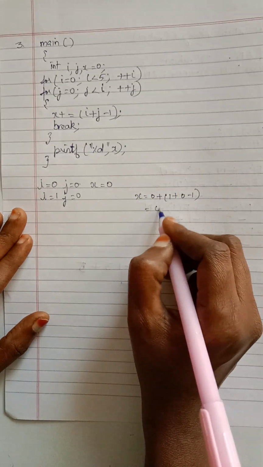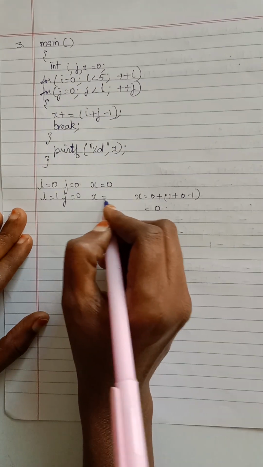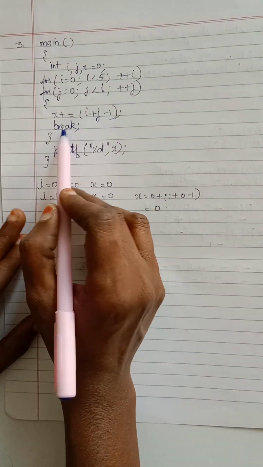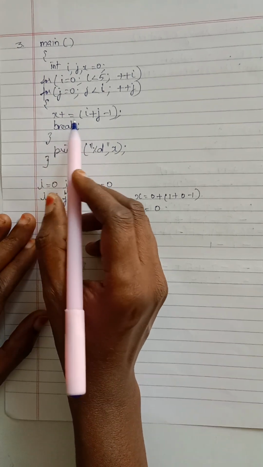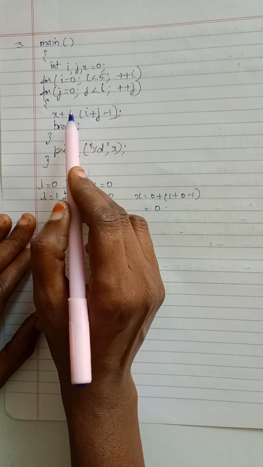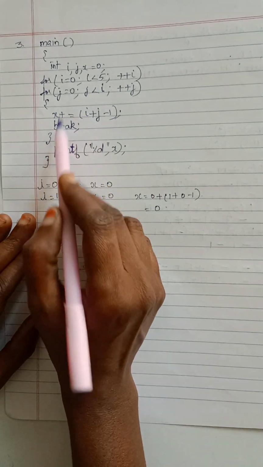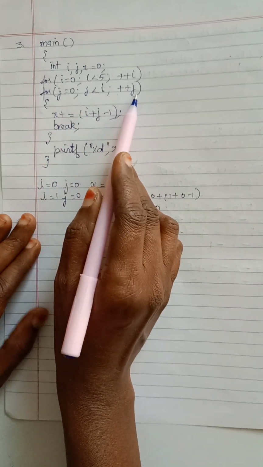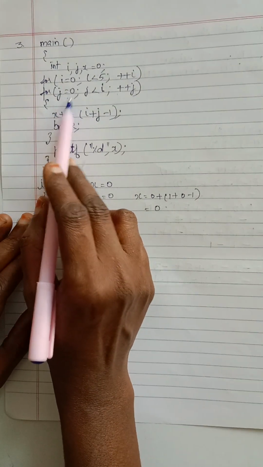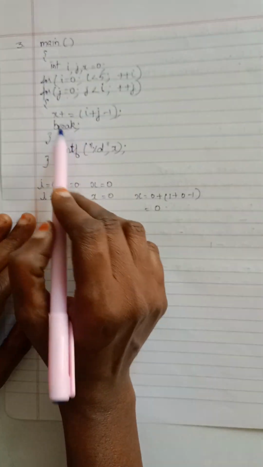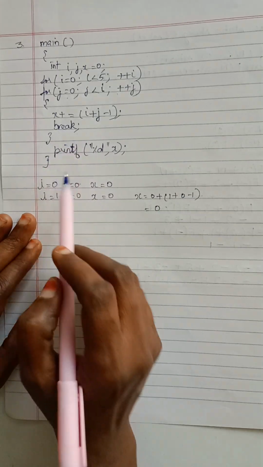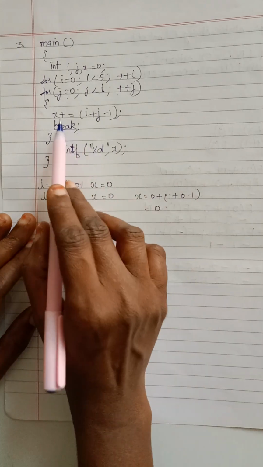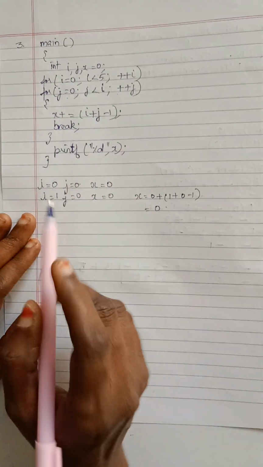This value will be 0, so x will be 0 only. But the next statement is break. Break means it will break from this for loop, so the j value will remain the same and will not be incremented. The next iteration will not occur because of this break statement. Only x will be storing the values of i and j.